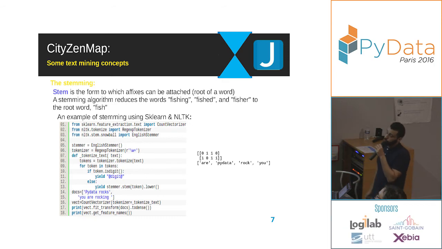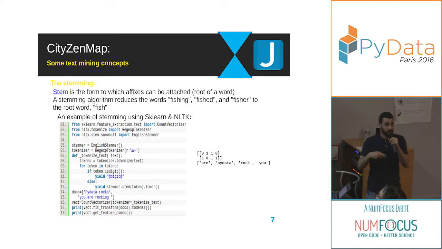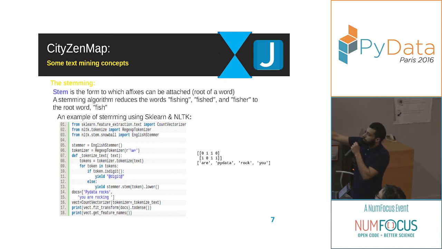Let's try to do stemming for the past example. This is a small function that I implemented to transform the words into stems using the NLTK library, and how to pass it as an argument to CountVectorizer.